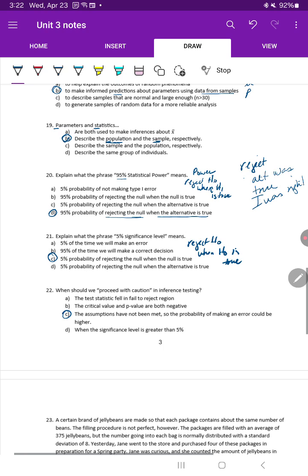Explain what a 5% significance level means. Again, remember these ones are probabilities. If I have 95% power, I had a 95% chance of rejecting the null when the alternative is true. The 5% significance is the probability of rejecting the null when the null is true.